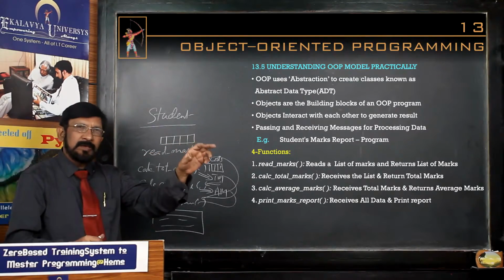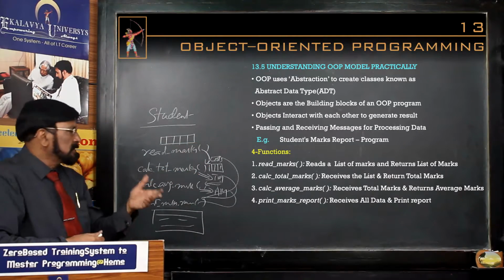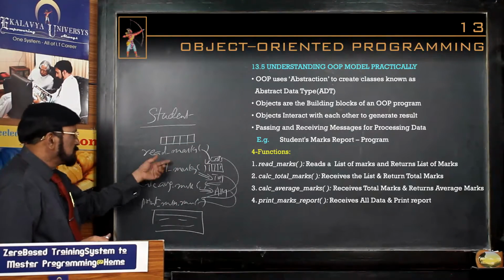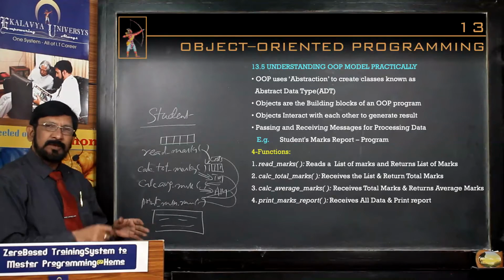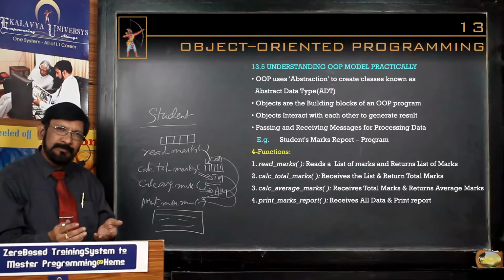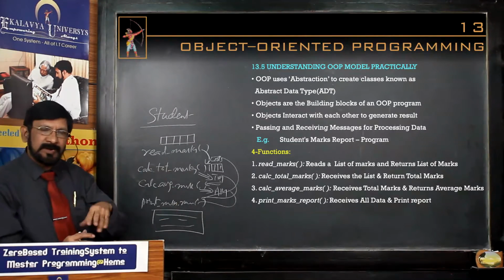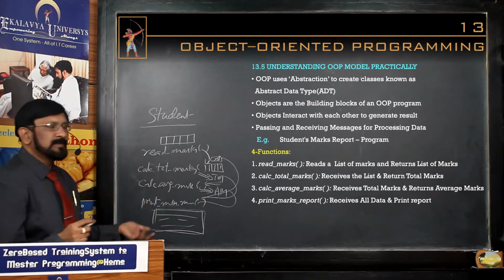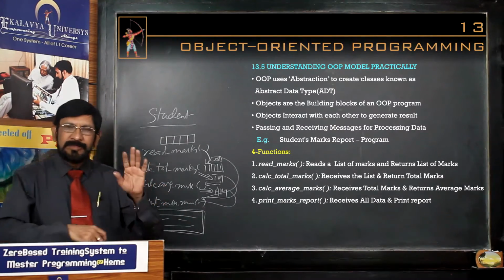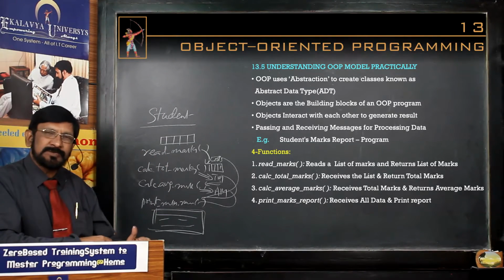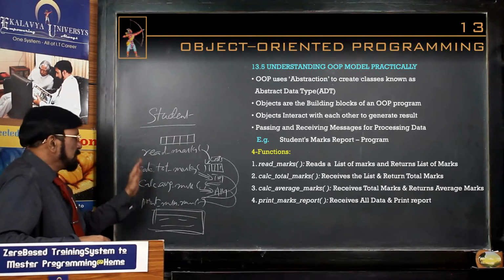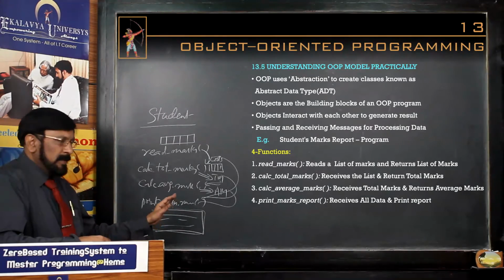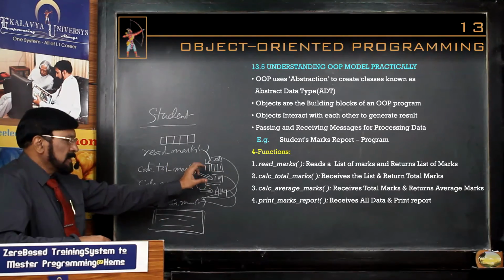Because of that, a human system or a person is able to work. Here, these four functions are interacting with each other by passing values and returning values. Ultimately, whatever the task of the program is, it is performed. So in this way, you understand the work system and how it is reflecting the real life, real world entities.